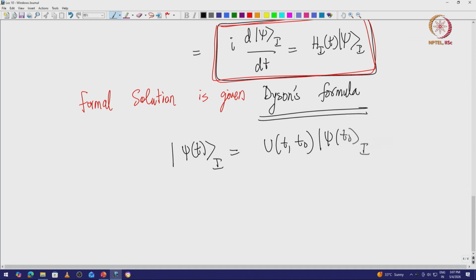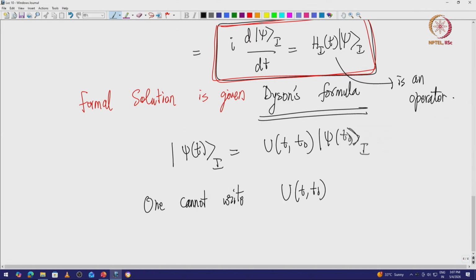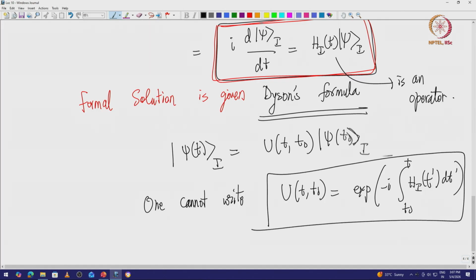But H_I is an operator, so one cannot write U of t, t0 equal to exponential of minus i integral from t0 to t of H_I of t prime dt prime. This is not correct.